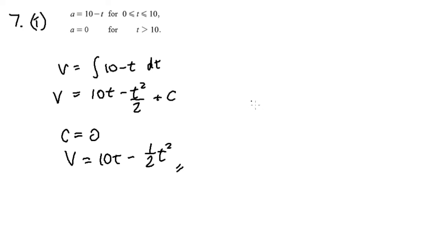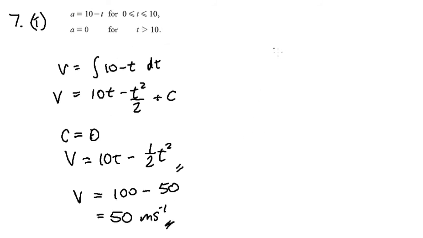Now show that when t is larger than 10, v is 50. So let's just put t as 10 in there. So when t is 10, this is 100, take half of 100, which is 50, which gives us 50 meters per second. And this 50 meters per second is our initial condition.